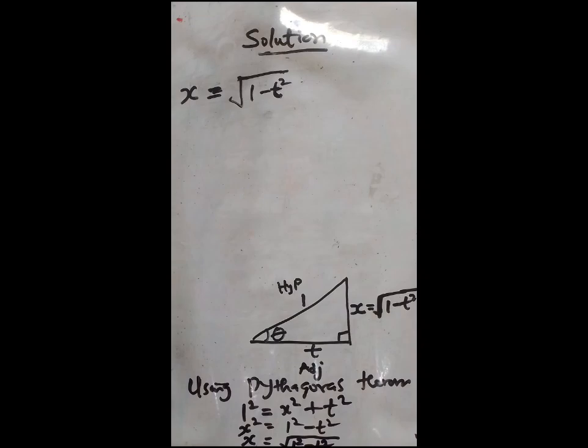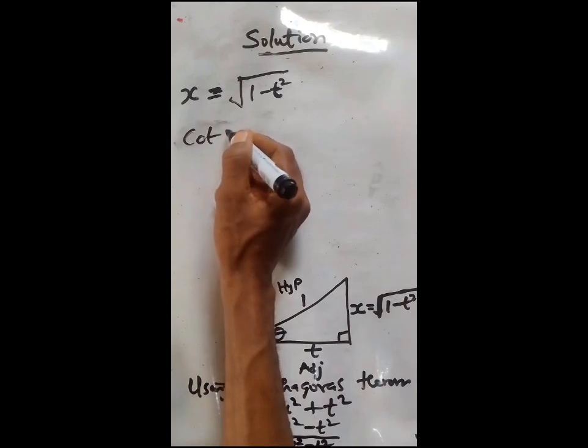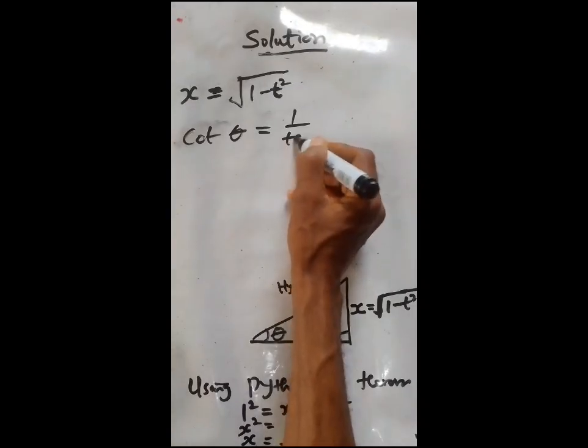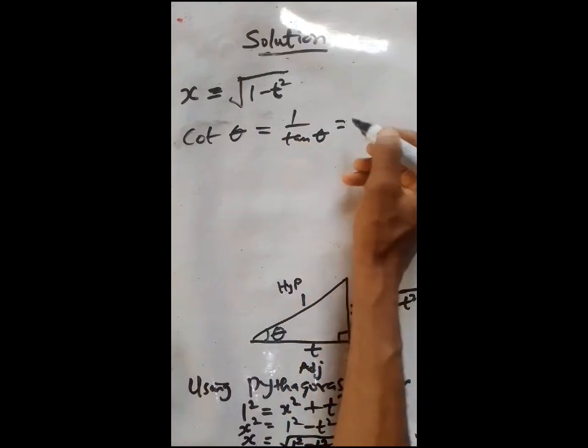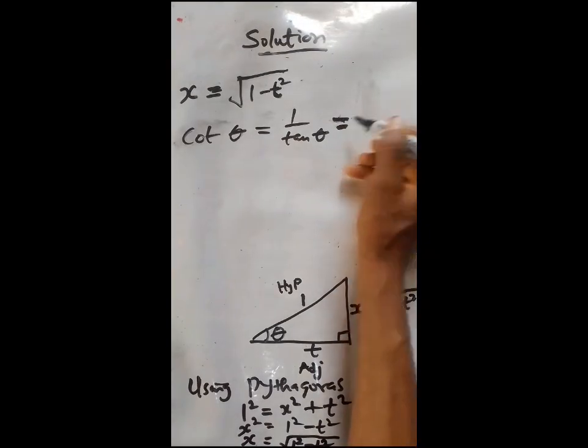So we know the hypotenuse, we know the opposite, we know the adjacent side. All three sides are known, so we can now find our value for cot theta as the question required. Cot theta is equal to 1 over tan theta, which gives us adjacent over opposite.